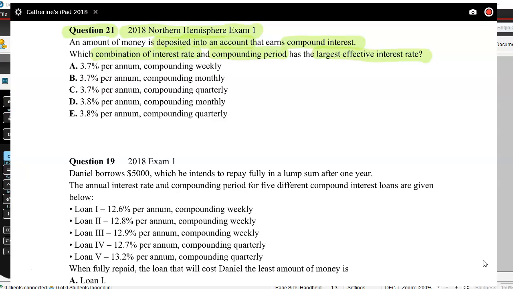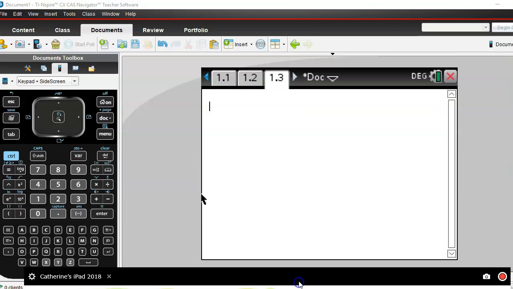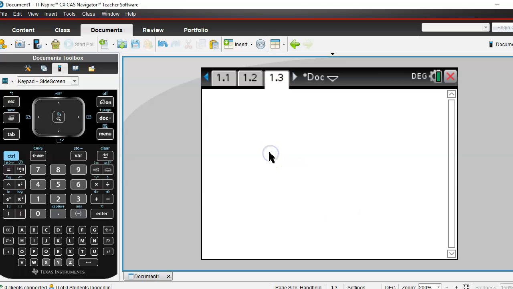Okay, so here we need to go through and look at all of those effective interest rates. So 3.7% per annum compounding weekly. All right, so effective. I'm just going to type it in for a bit of speed. Effective, 3.7 compounding weekly.